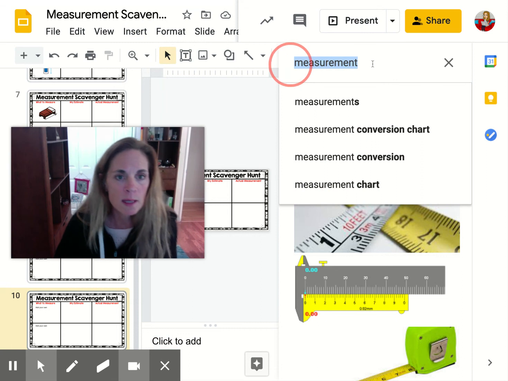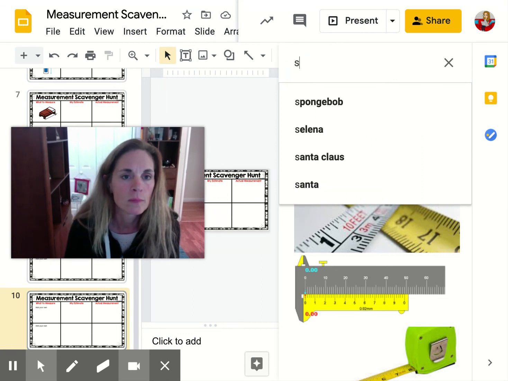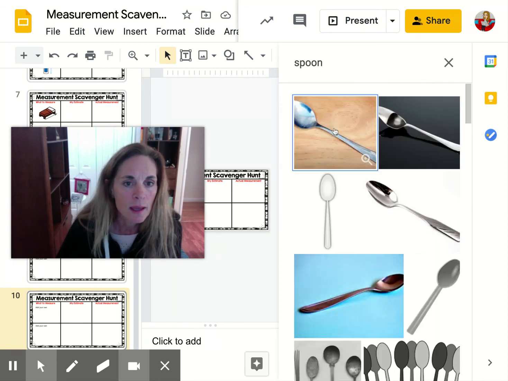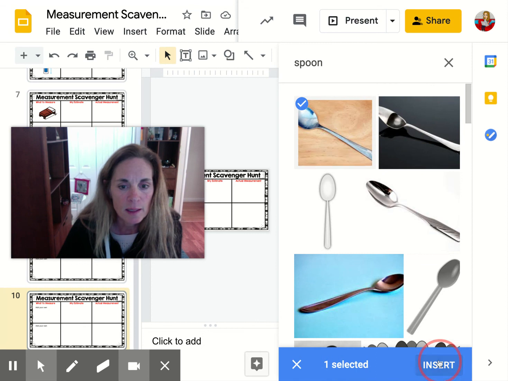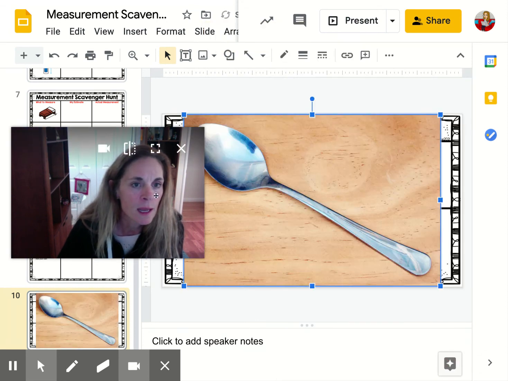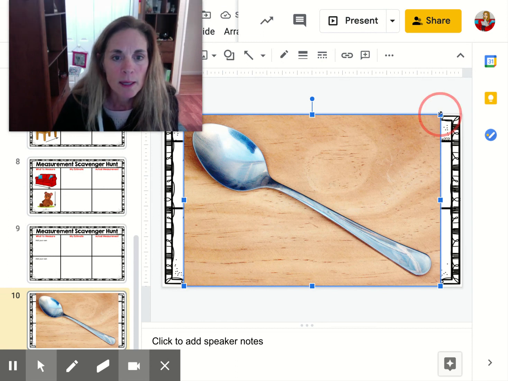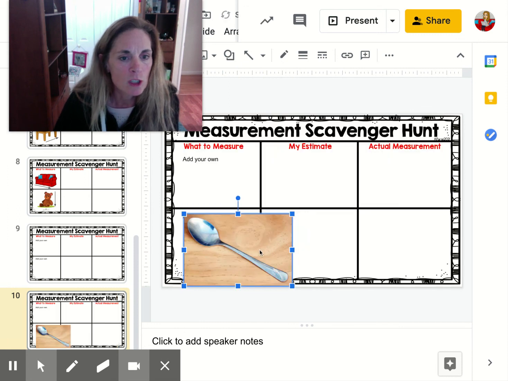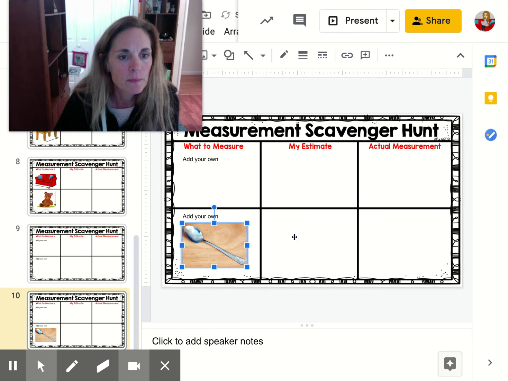And if you put in whatever it is, say you want to measure a spoon, you can click on it and put it in your sheet. So click on it, click insert, and now, oh, it's so big. We can make it much smaller by clicking on the corner. That way it won't change the shape of the spoon. It will only change the size.